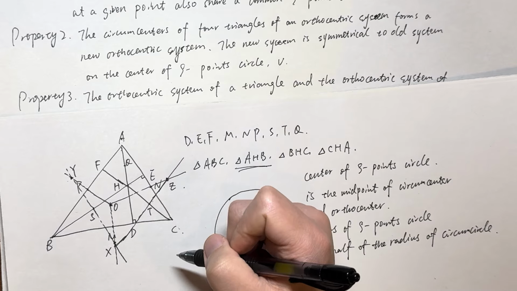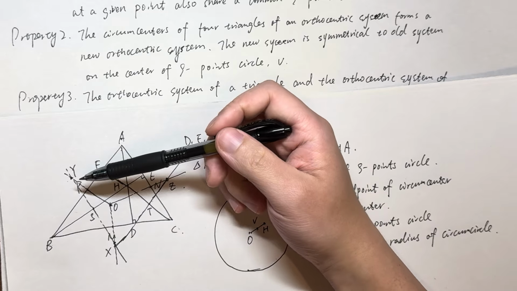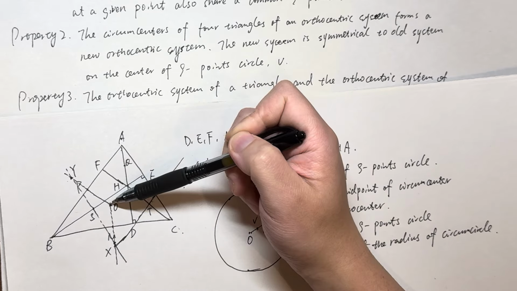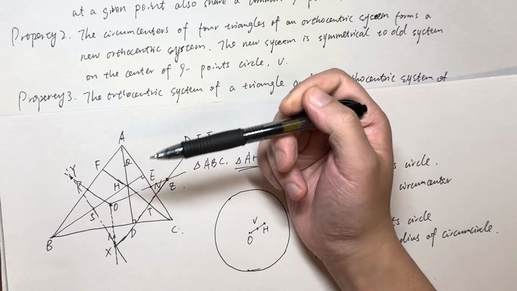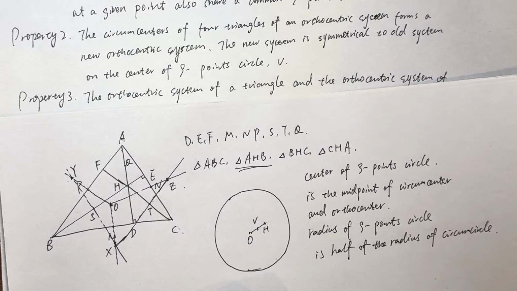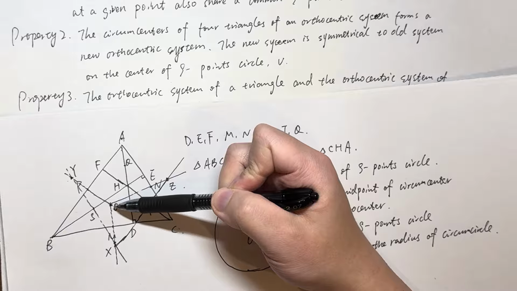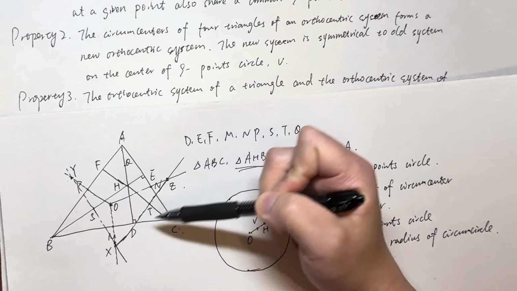Now we want to prove that the new one, XYZO, is a new orthocentric system. So basically we want to prove that O is an orthocenter of the triangle XYZ.